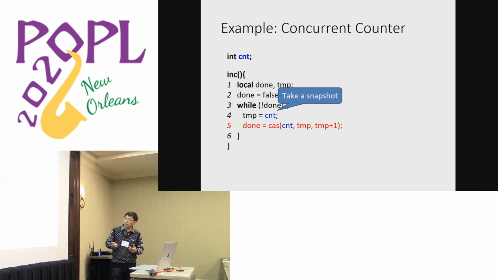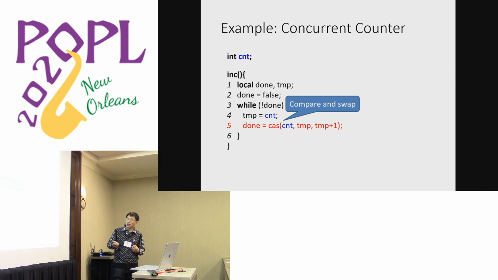Inside this loop, we first take a snapshot of this shared variable, and we store it into the local variable. Then we do this atomic compare and swap operation. It compares the current value of the counter with this snapshot. If they are the same, then atomically it puts the third value, temp plus 1, to the counter, so that we finish this increment, it returns true, and then this loop terminates.